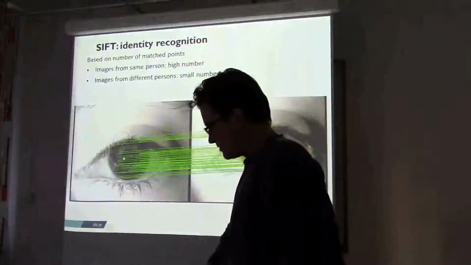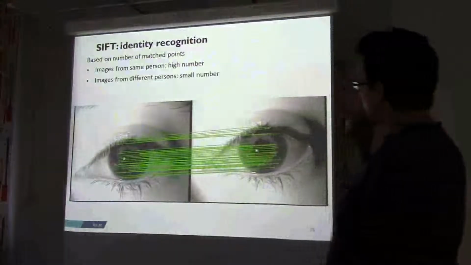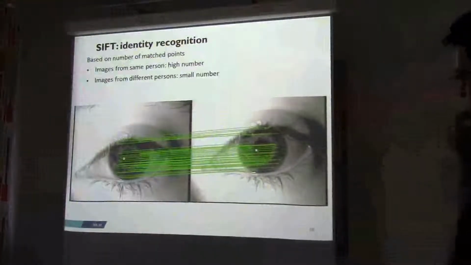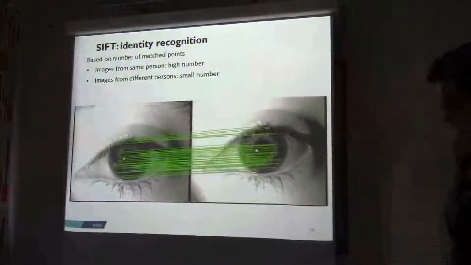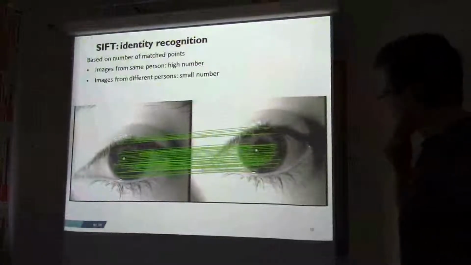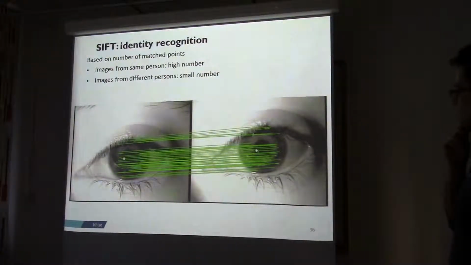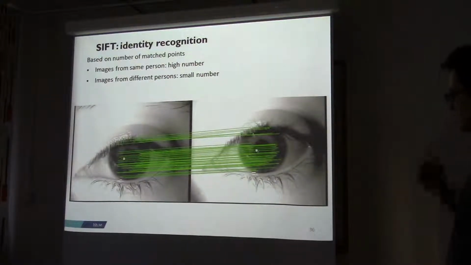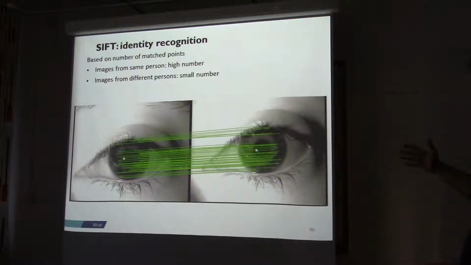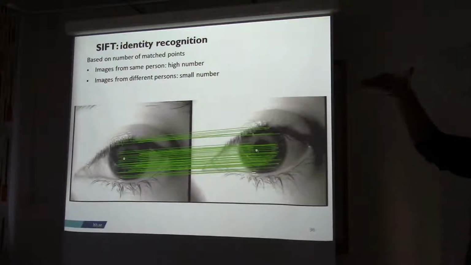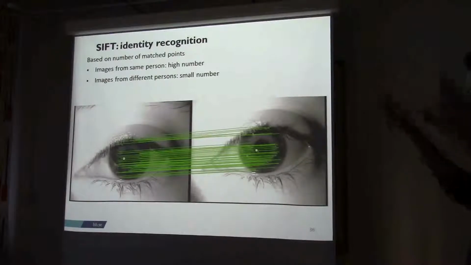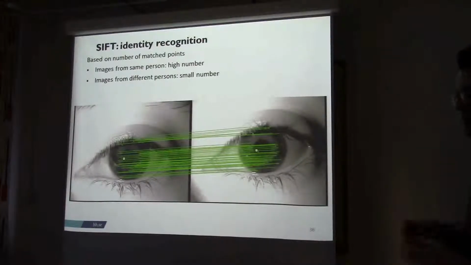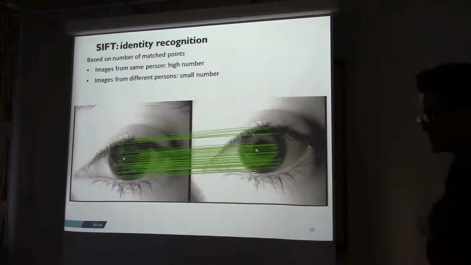But there is another case, which is identity. We use this method for identity. In this case, you can have one eye image and extract the points from this image, for what? To find eyes in other images?